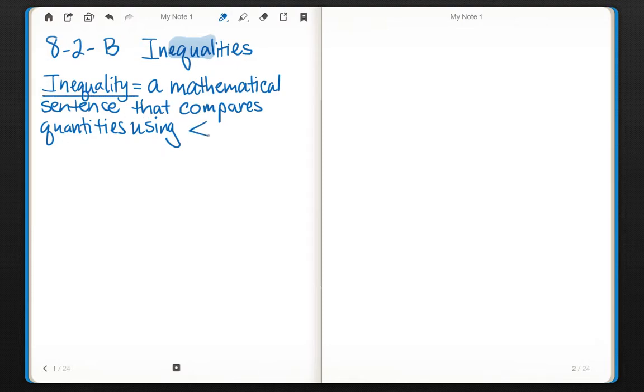We have a less than symbol, greater than symbol, and then here are the 2 new ones. So why don't you copy those down.